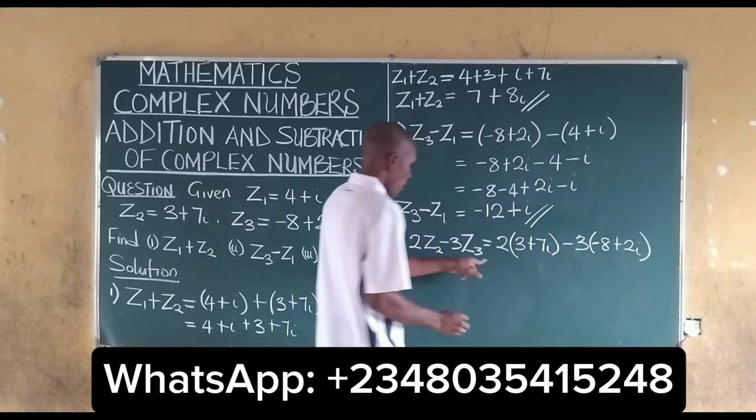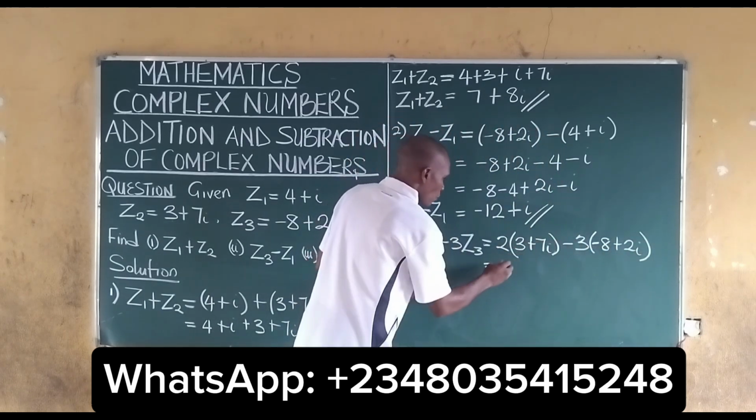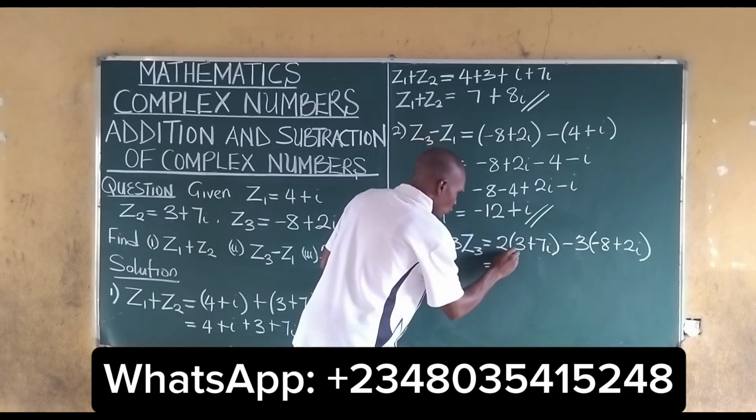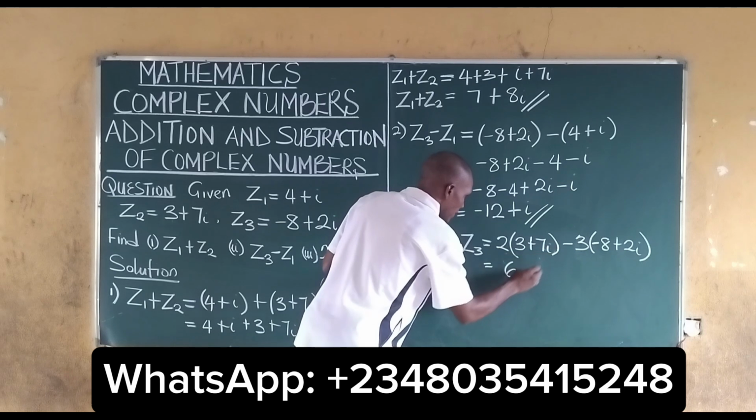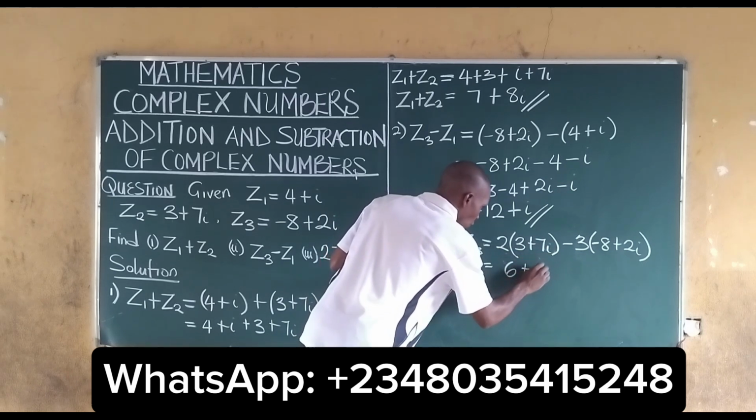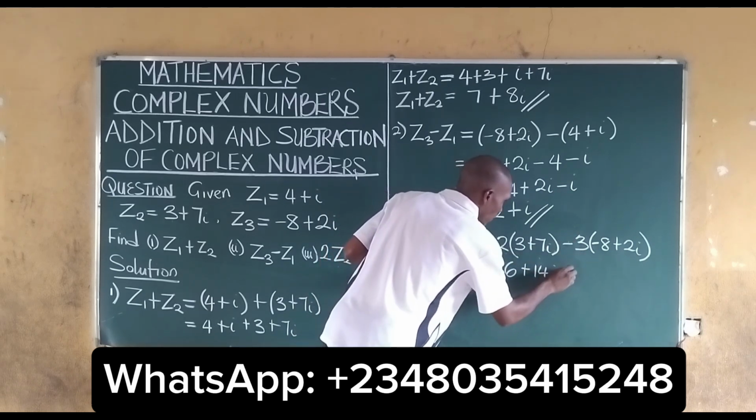So the next thing to do here is to multiply this and open the bracket, which is 2 multiplied by 3 is 6, 2 multiplied by 7I is plus 14I. We bring down our sign.